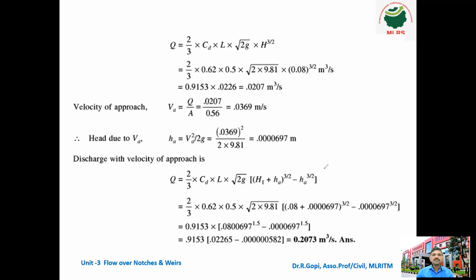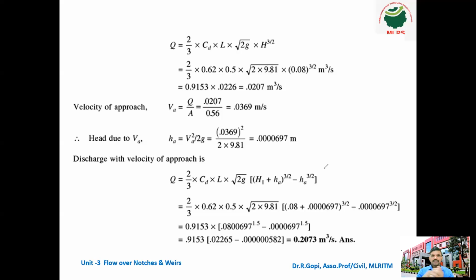Okay. So simple thing. First calculate the discharge without considering the velocity of approach. Next, we come to velocity of approach, that is VA is equal to Q divided by area of the channel. Then head due to VA, HA is equal to VA square by 2G. So all these formulas are interlinked.